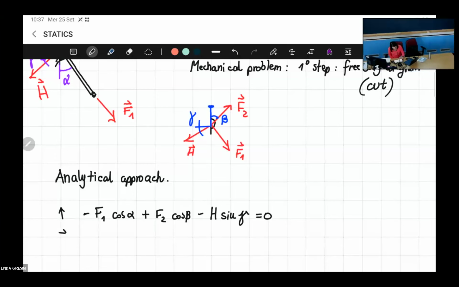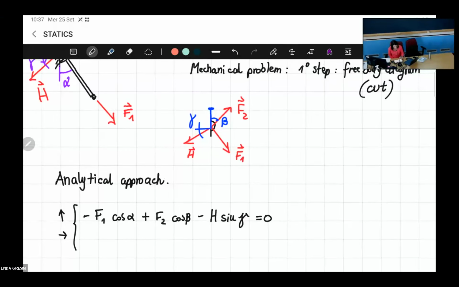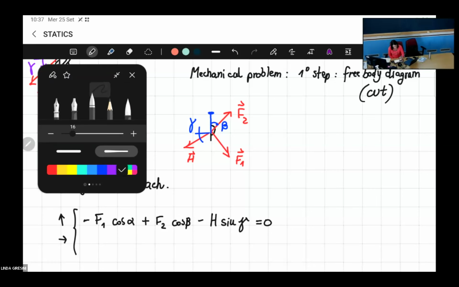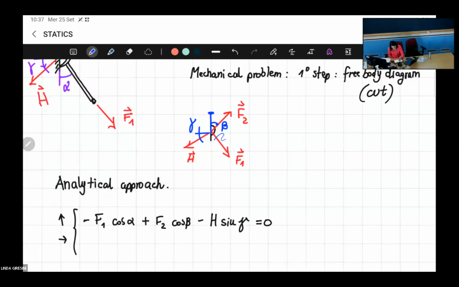Now, the equilibrium in the horizontal direction: the first element is F1, with an inclination of alpha here. First of all, we are considering the positive direction, this one, from left to right.